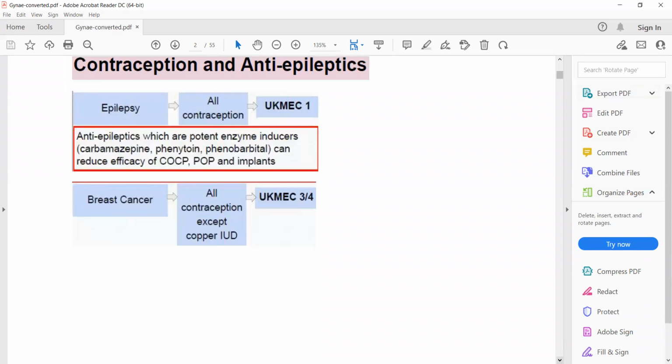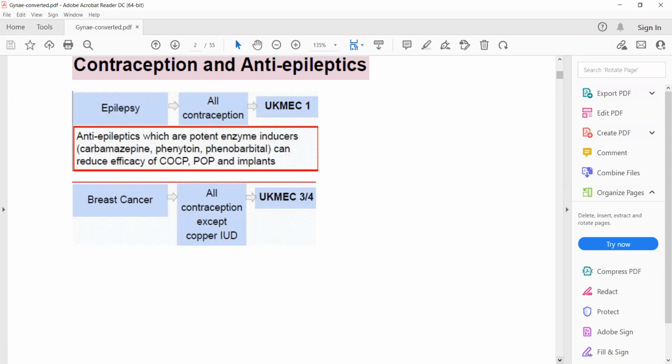So remember 3 anti-epileptic medications which are potent enzyme inducers: carbamazepine, phenytoin, and phenobarbital.